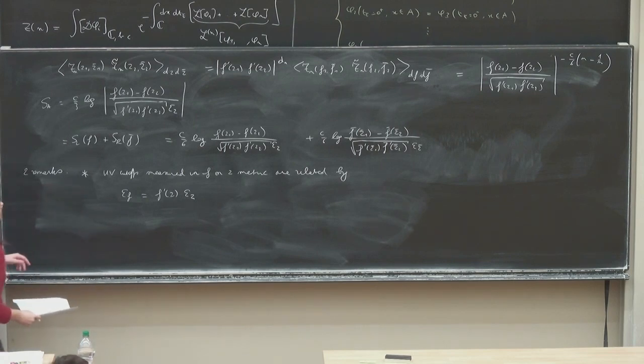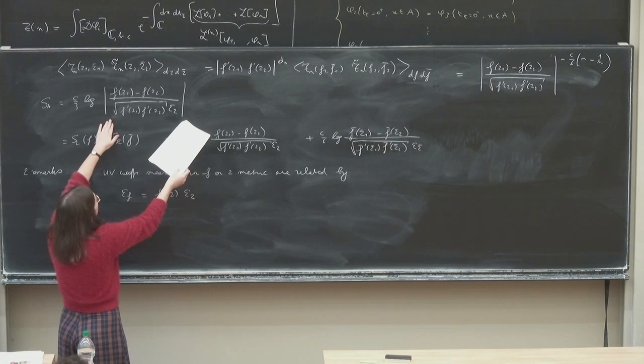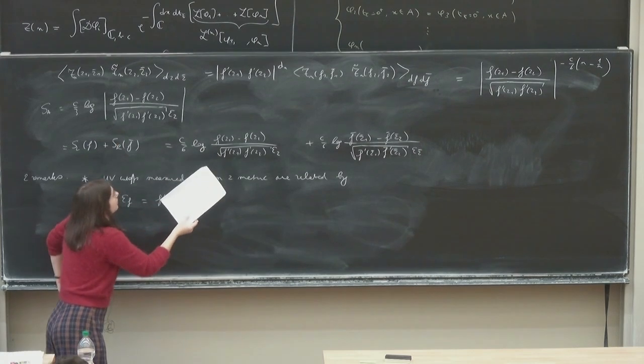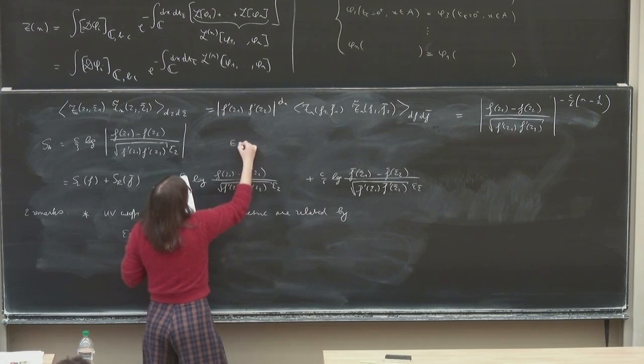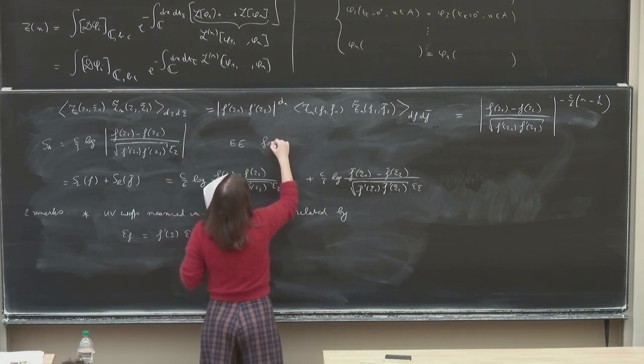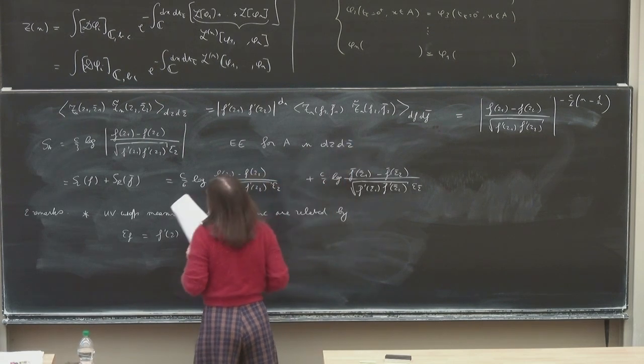So if you compare the general formula for entanglement entropy, so this is now the general formula for entanglement entropy for an interval in the dz bar geometry.